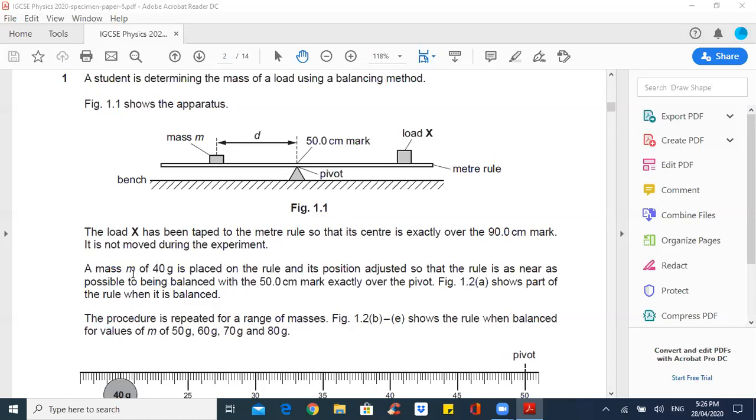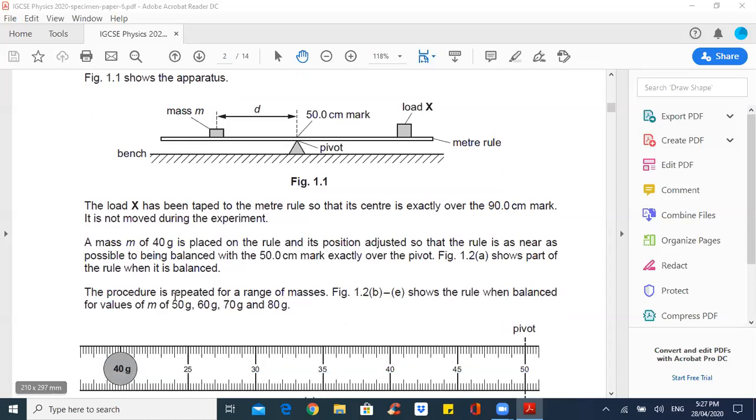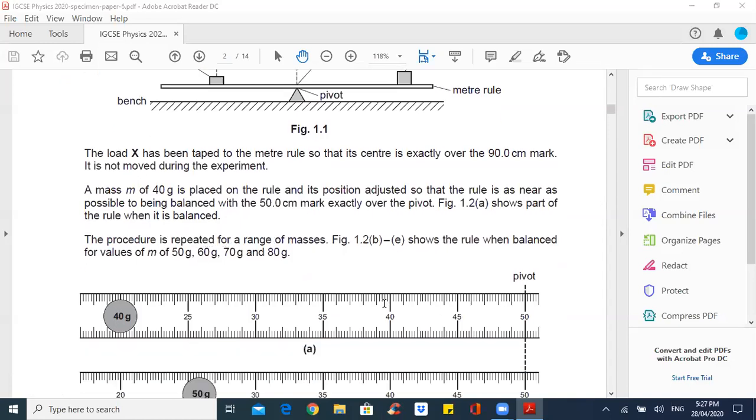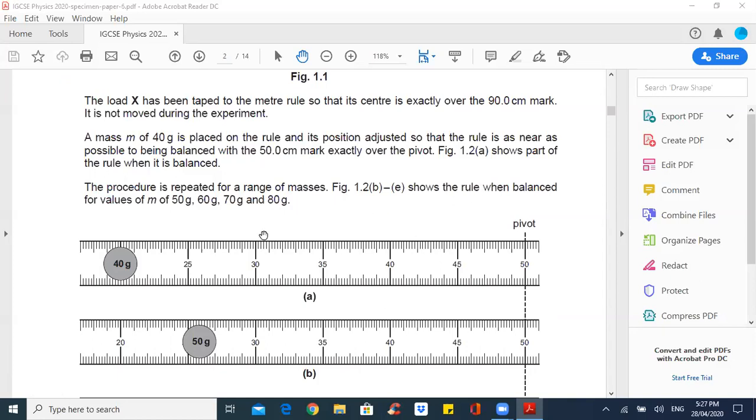A mass of 40 gram is placed on the ruler and its position is adjusted so that the ruler is as near as possible to being balanced, with the 50 centimeter mark being exactly over the pivot. Figure 1.2 shows part of the rule when it is balanced. The procedure is repeated for a range of masses as shown between B, C, D, and E when balanced with 50, 60, 70, and 80.